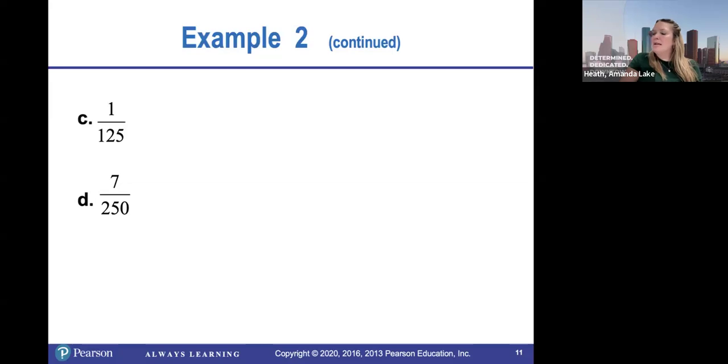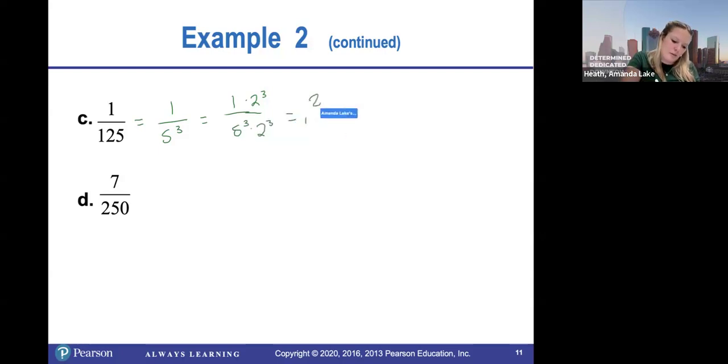Okay, and now finally we have some more examples where we don't necessarily have it already broken into powers when we start. So we can factor our denominators here. So if I have 1 over 125, 125 is 5 cubed. And I can do the same thing I just did on the other page and multiply by 2 cubed on the top and bottom of our fraction to get a power of 10 in the denominator.